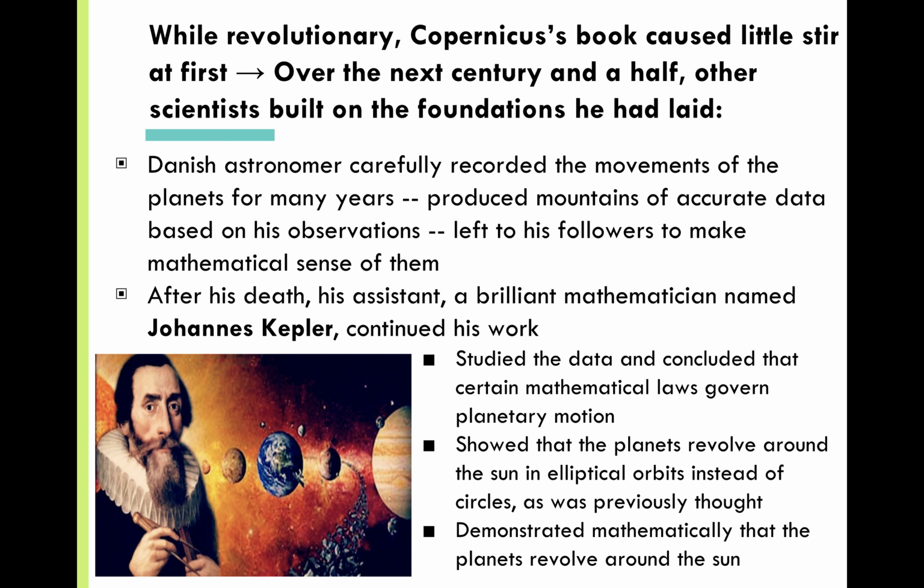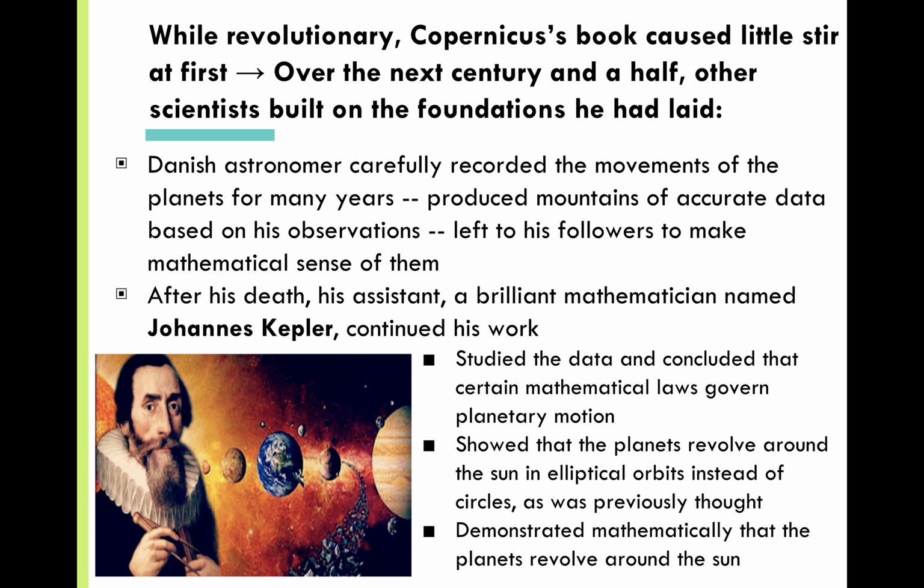There's going to be a Danish astronomer that's going to record the movements of the planets for many years. He's going to produce mountains and mountains of data upon data based on his observations. And then he's going to leave it to his followers to make mathematical sense of that. Enter scene Johann Kepler.